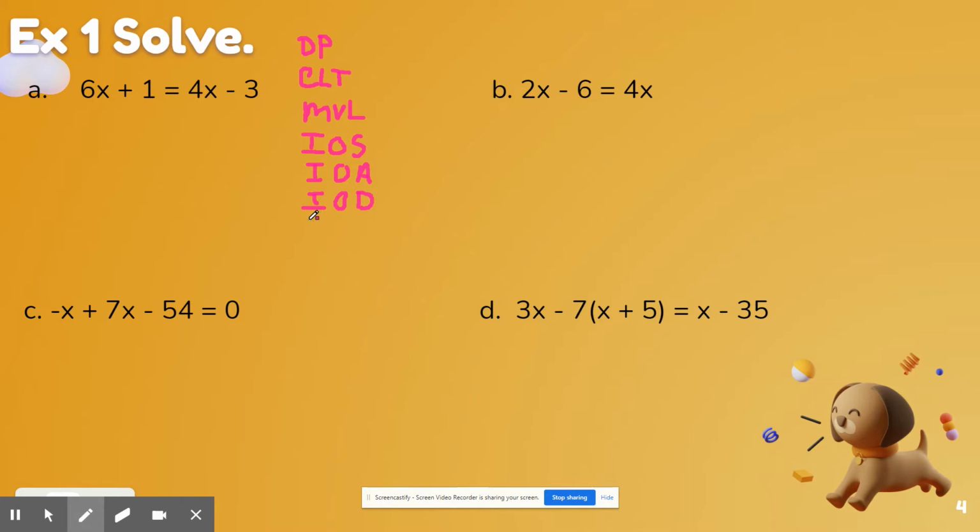An inverse just means opposite. You're going to do the opposite of what it says.